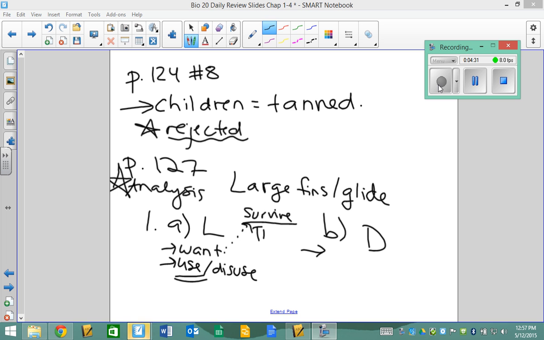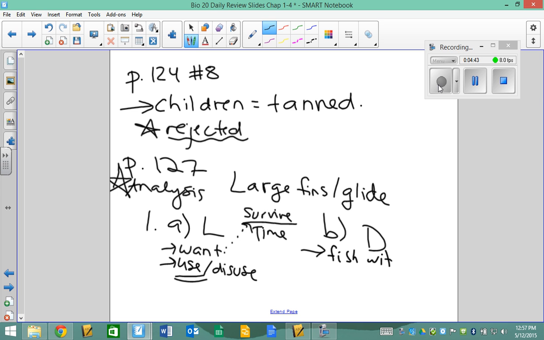The other word that I'm going to put in the middle is time, because both of these guys agreed that stuff takes a lot of time. Now, what would Darwin have said? Darwin would have said, fish with small fins didn't survive.